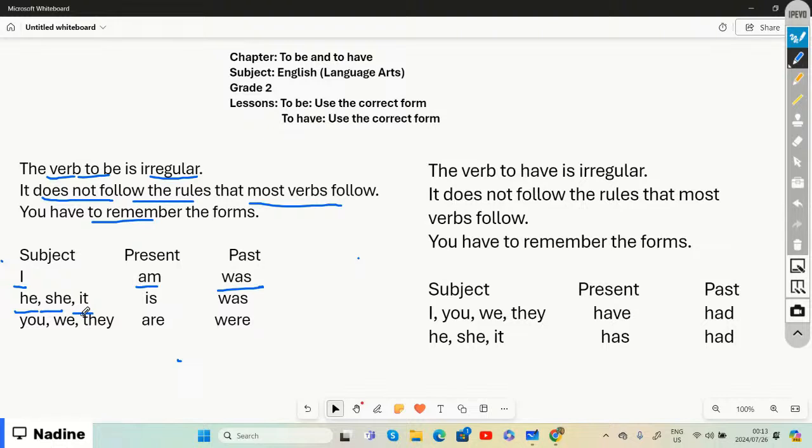And if we want to make mention of it in the past tense, we can say he was, she was, or it was. Because that now shows the past tense as well as the present tense.